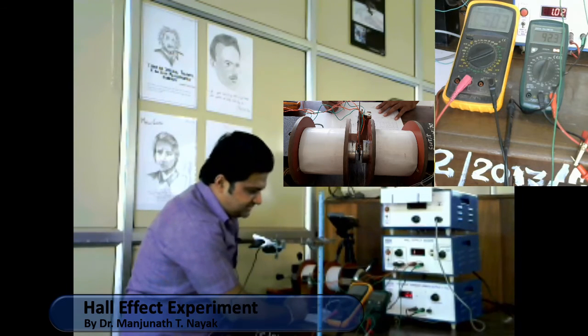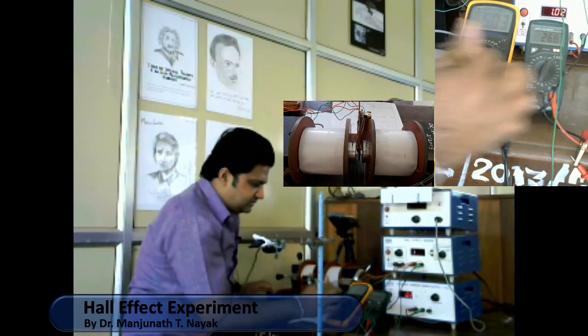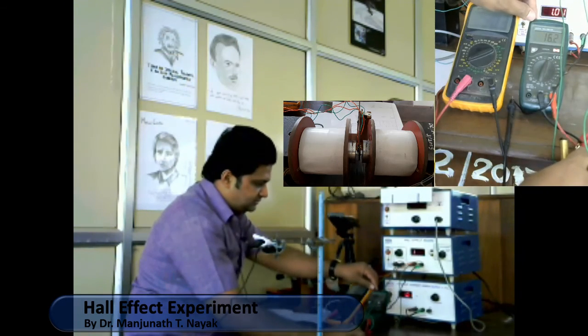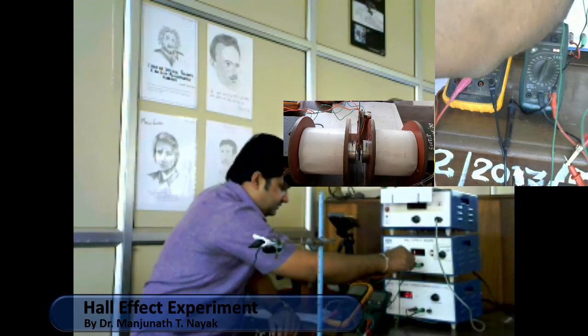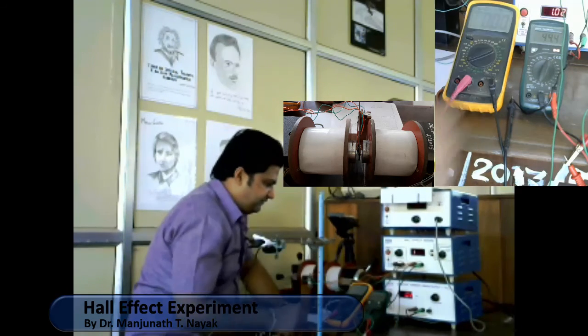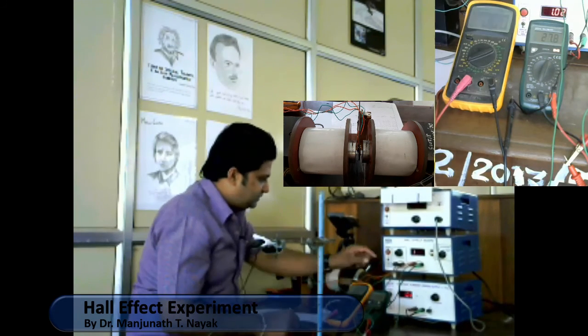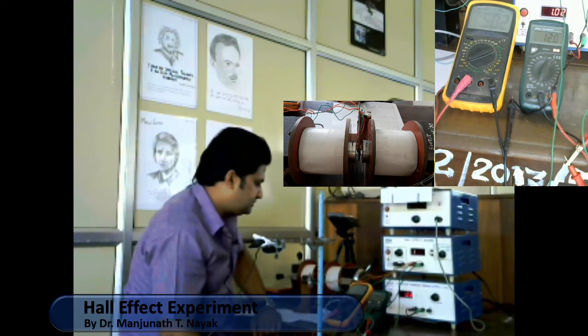Whichever reading I see repeatedly, I would take that. Okay, there's no reason that I know why it is fluctuating so badly. All knobs and probes are fixed very tightly. Oops, what happened to the input current? Okay, 5 milliamps.